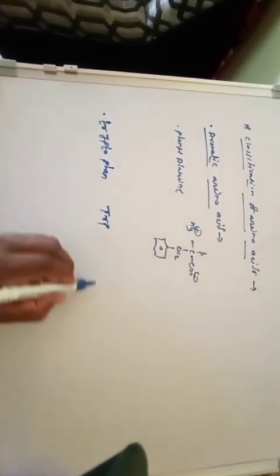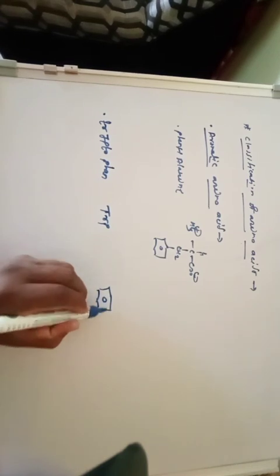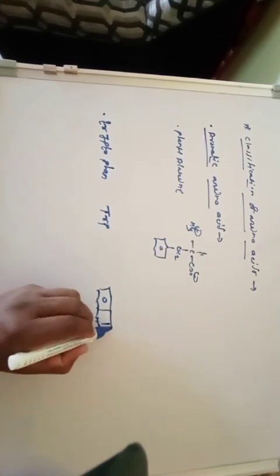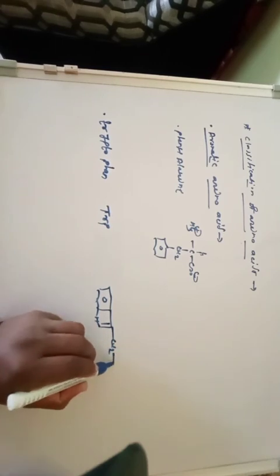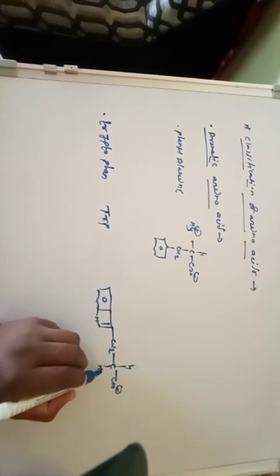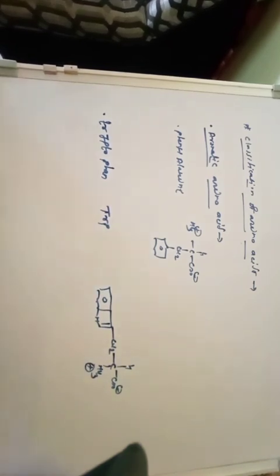If you see the structure, nitrogen is there, double bond, CH2 having CHCOO minus NH3 positive. So this is your tryptophan. Phenylalanine, tyrosine, and tryptophan are aromatic amino acids.